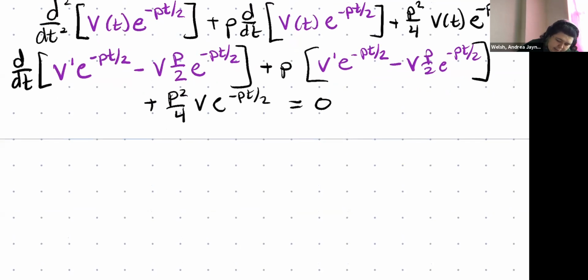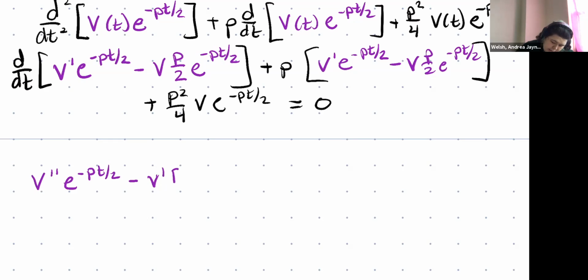Okay, so now I'm going to do my second derivative from that first term. So I'm going to, again, do product rule on each term. And in this case, I have v double prime e to the minus pt over 2. Then I get minus v prime, and now I have to take the derivative of that exponential.